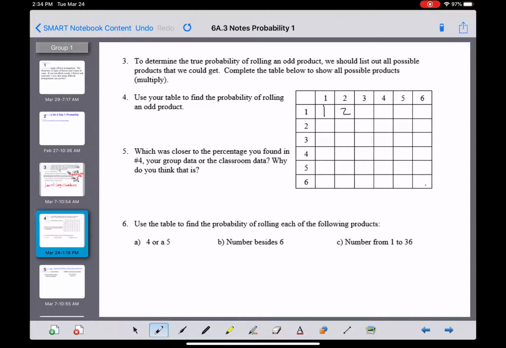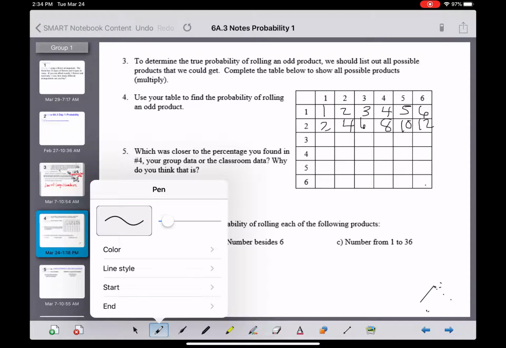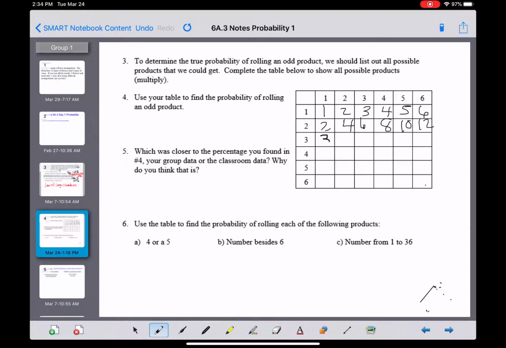So this would be 1, 2, 3, 4, 5, 6. Then 2, 4, 6, 8, 10, 12. Then 3, 6, 9, 12, 15, 18.